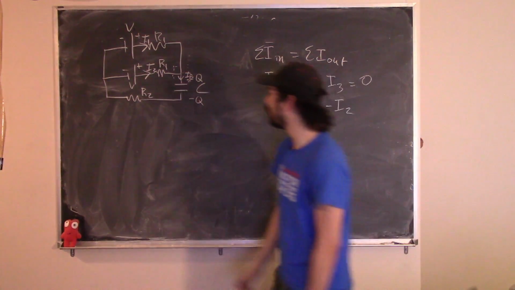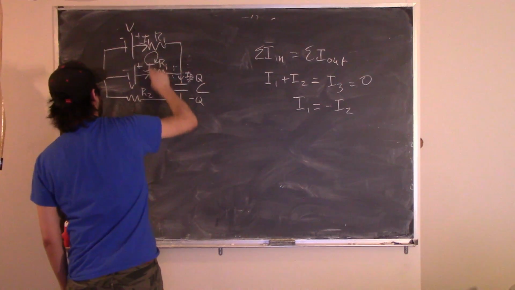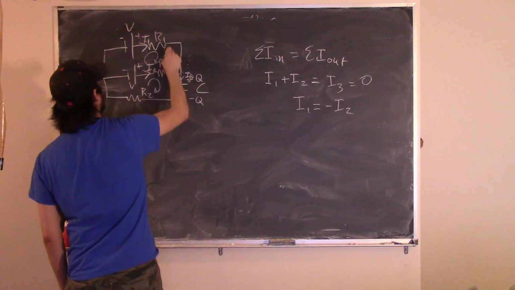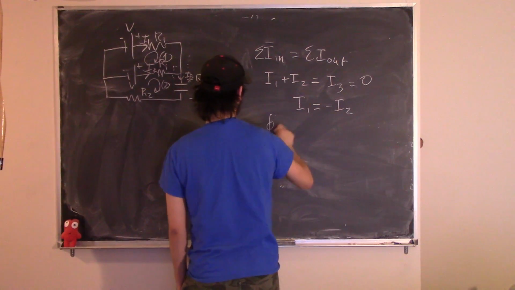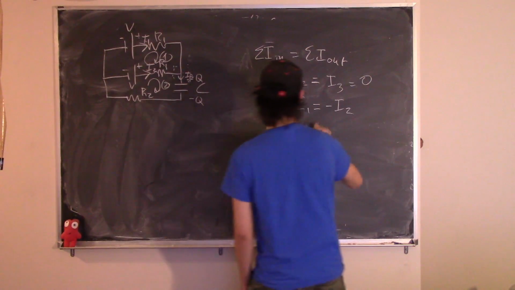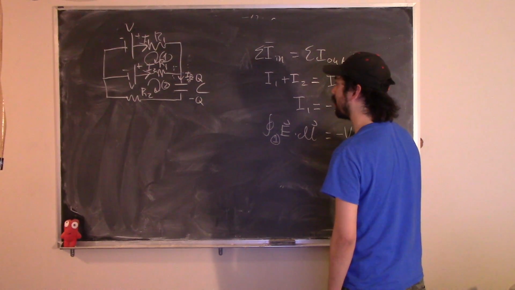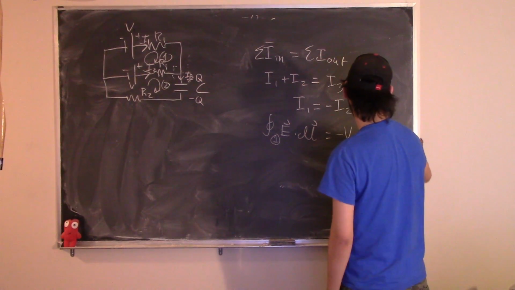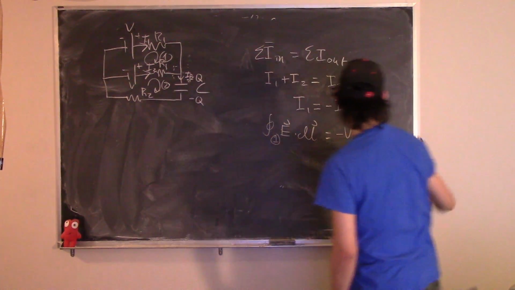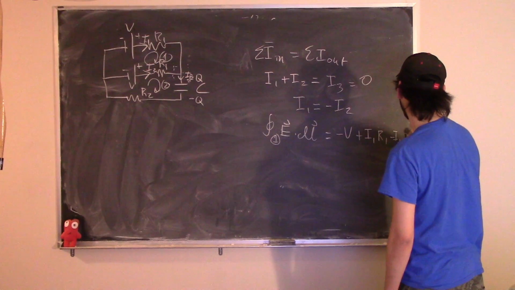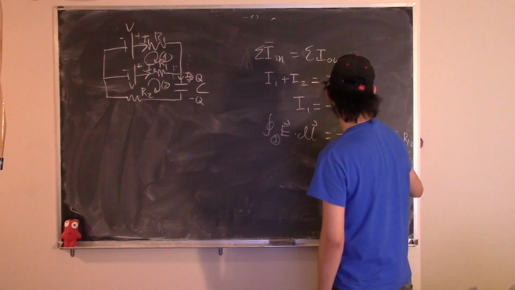Now, let's do some loops here. So again, I'm going to pick the inside loops. So call this loop 1 and loop 2. So the integral around loop 1 of E dot dl is going to be equal to minus V plus I1 times R1 minus I2 R1 plus V is going to be equal to 0.